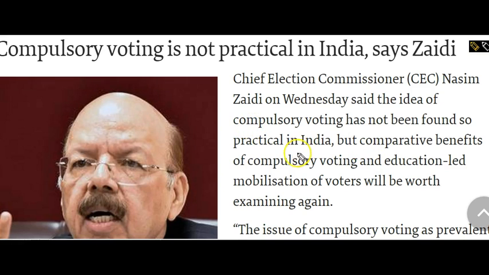But the Chief Election Commissioner calls for comparing the benefits of compulsory voting on the one side and education-led mobilization of the voters on the other hand. So we should compare both. What are the plus points and minus points in both systems.